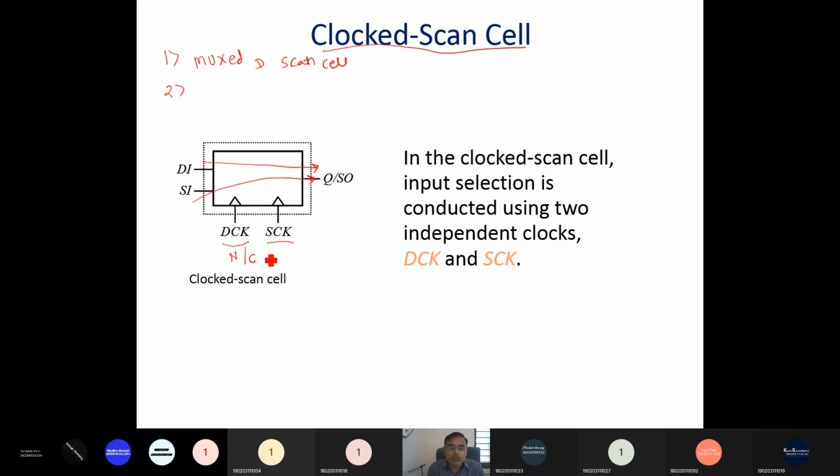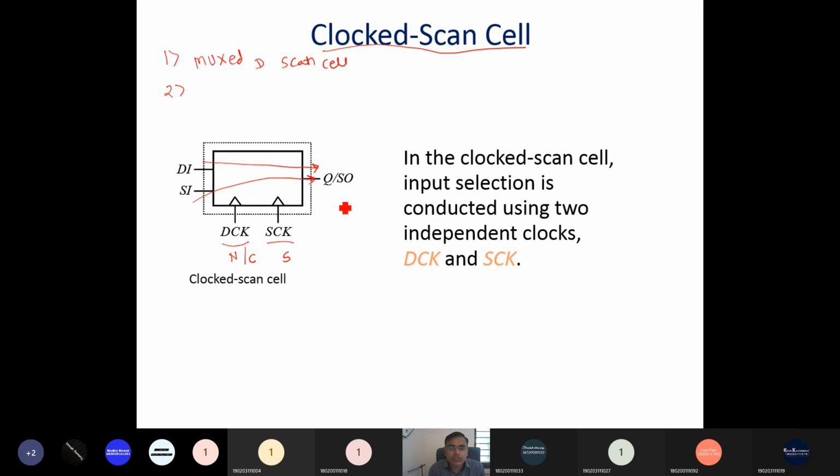And capturing is when we want to load the present value of any internal node to the output. So it is a capture mode. In the normal and capture mode, the data clock is used, and in the shifting mode, once the internal node logic is loaded into a clocked scan cell, the shifting clock is applied to shift this.